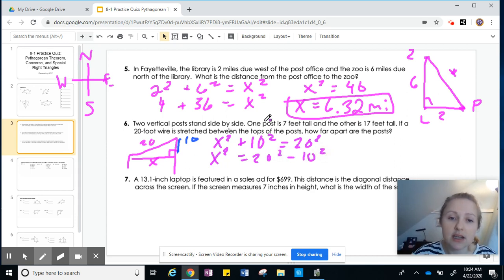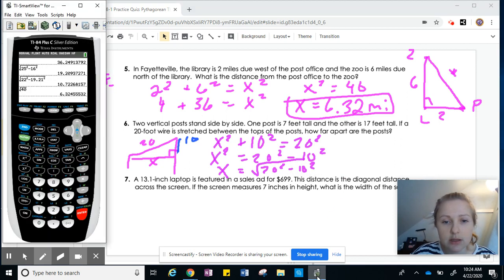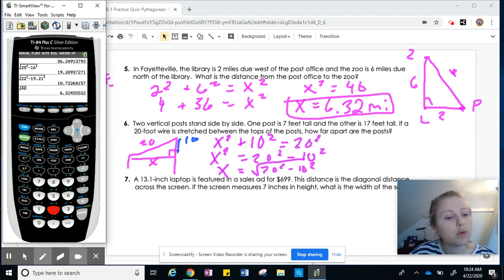So to get x squared alone, I subtracted 10 squared from both sides. And let's just put it in the calculator like that. So in order to get x alone, you need to take the square root of 20 squared minus 10 squared. So let's do that. So square root of 20 squared minus 10 squared is about 17.32.